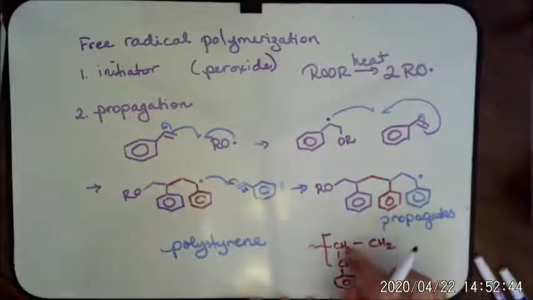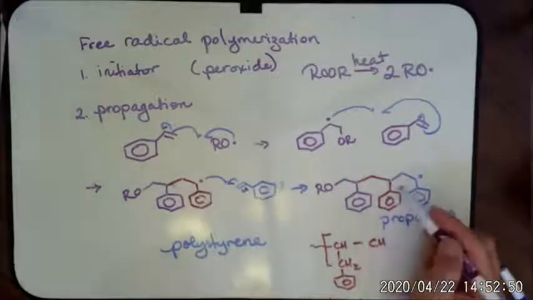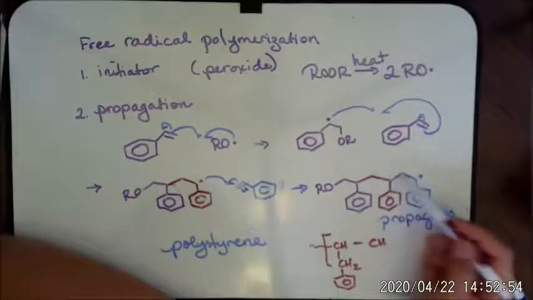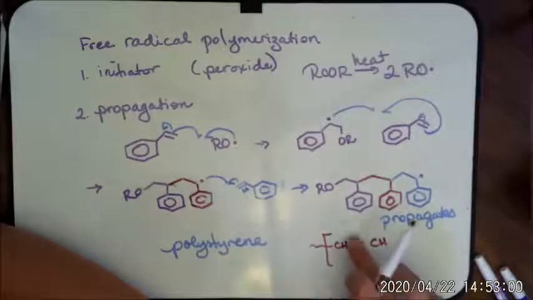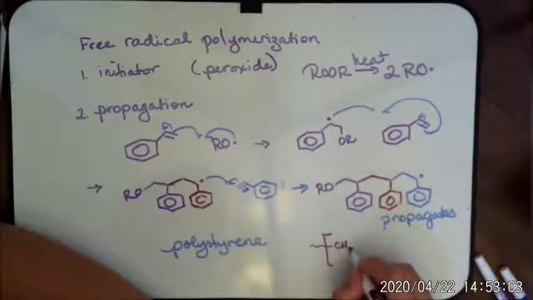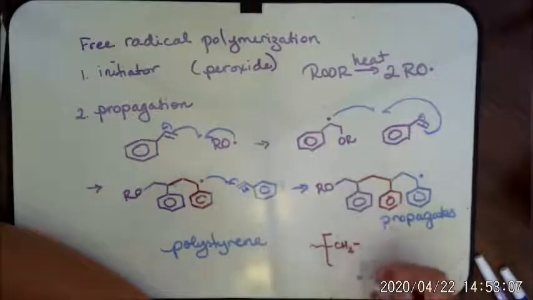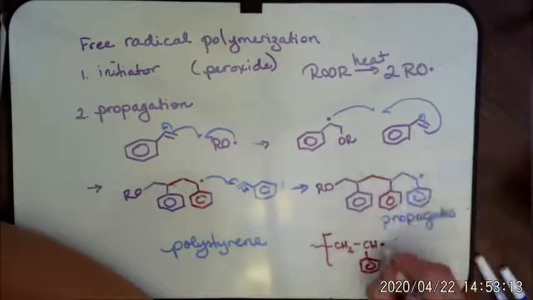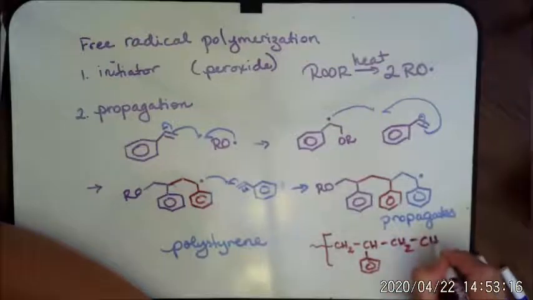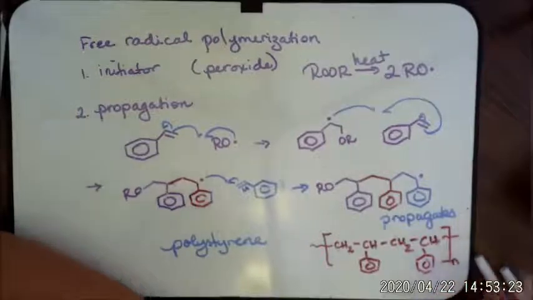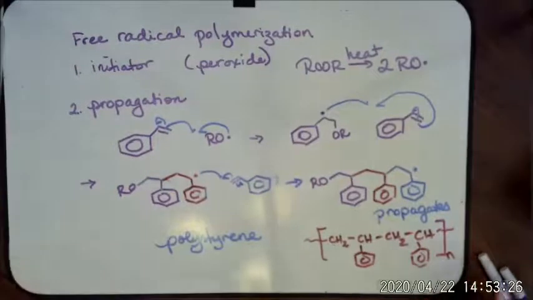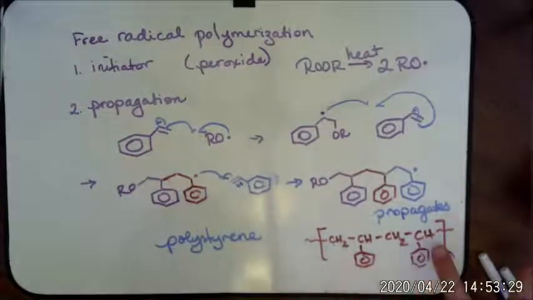So let's say CH2, and then I have a CH, phenyl, CH2, CH, phenyl, and then we draw an N. So that tells us that we have a large number of these, and that I take this and I just repeat it.